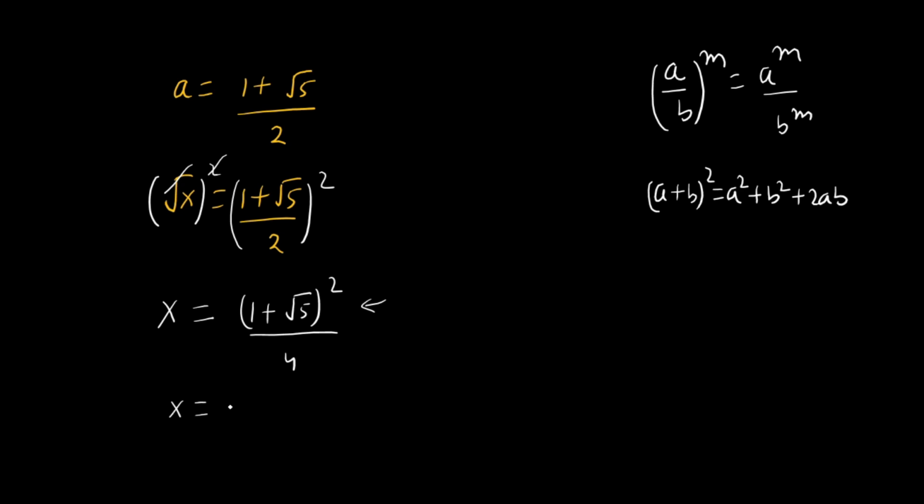Then x is equal to (1² + (√5)² + 2 · 1 · √5) / 4.